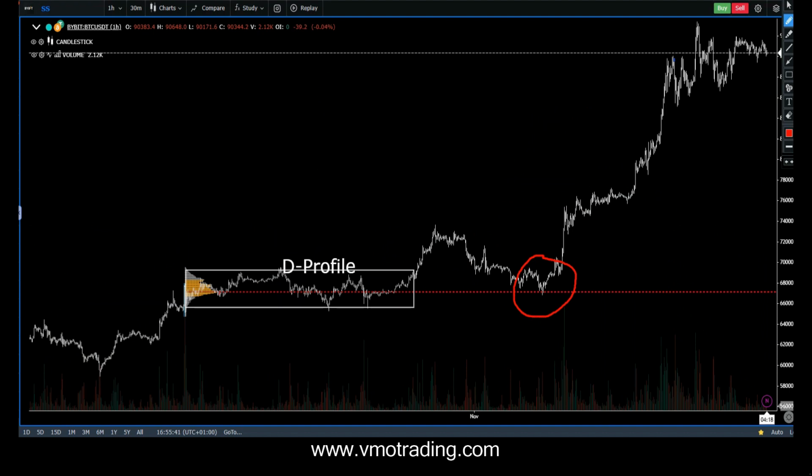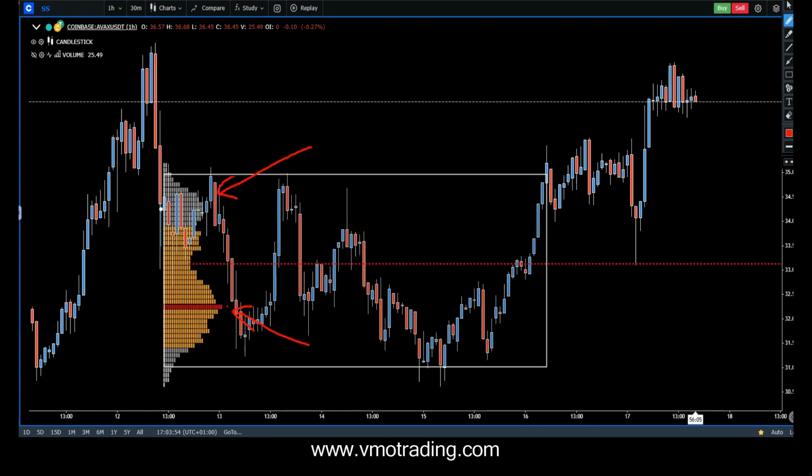So after hitting the point of control again, Bitcoin started a strong up move, which brought it straight away to the 90k level. The next important form of a TPO profile structure is a double distribution profile, which consists of two clusters marked with the arrows.